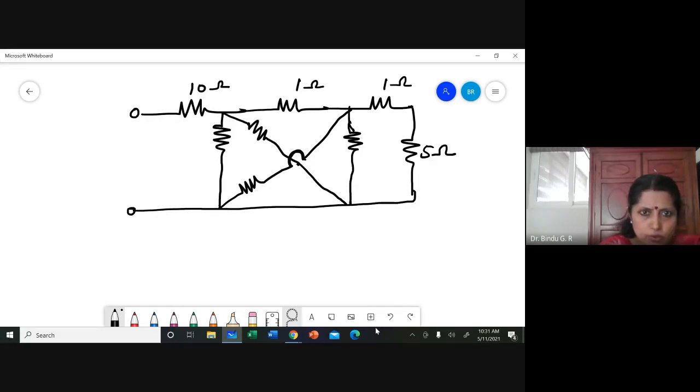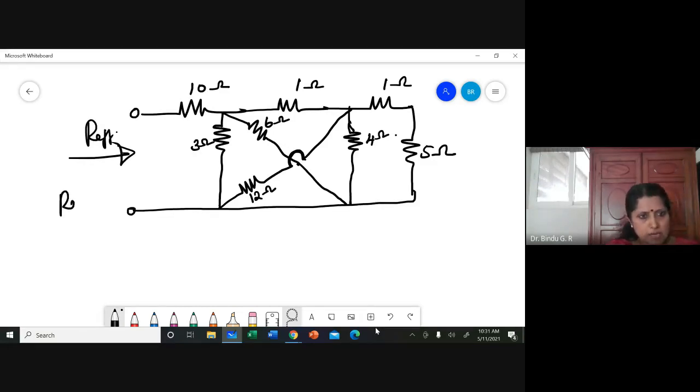So you have 3 ohm, 6 ohm, 12 ohm, 4 ohm. Find the R effective or R equivalent for this network. Okay. So try. This is easy for you, but try. Finally, the answer that you have to get is 11.2.